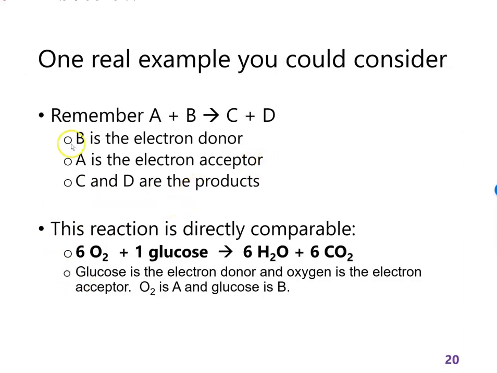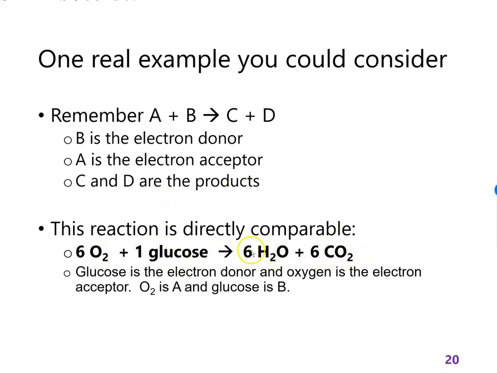This is the real-world example that you've probably seen when you learned the respiratory system. You learned that this is the reaction that makes it necessary to have a respiratory system, because we need to get oxygen into our cells and we need to get carbon dioxide out of our cells. Carbon dioxide is the waste product you get when glucose donates electrons to oxygen. Glucose is made of 6 carbons, and they each become a carbon dioxide.